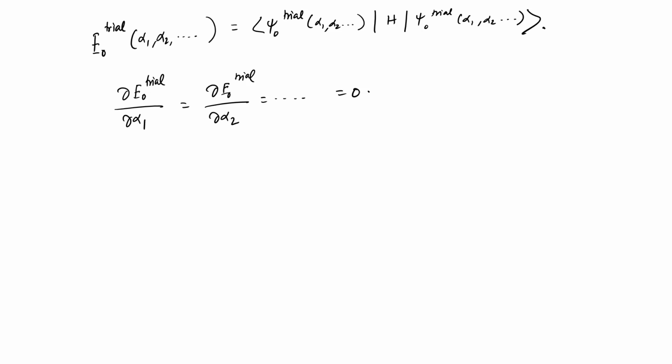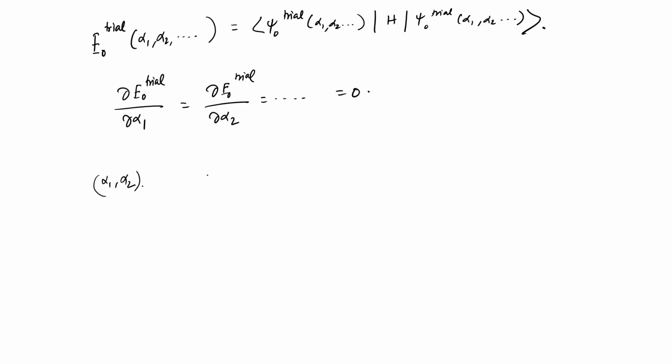function. There is one problem as far as the working out of this expression goes. Suppose we talk about two variational parameters, just alpha 1 and alpha 2.